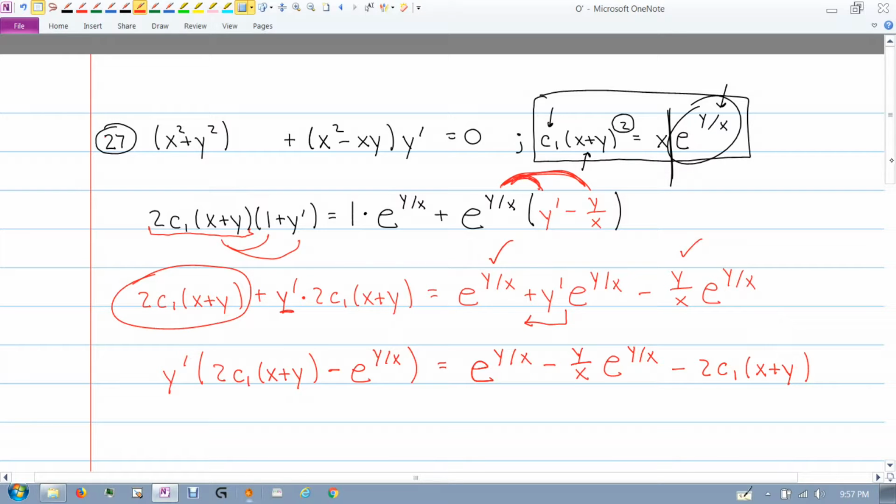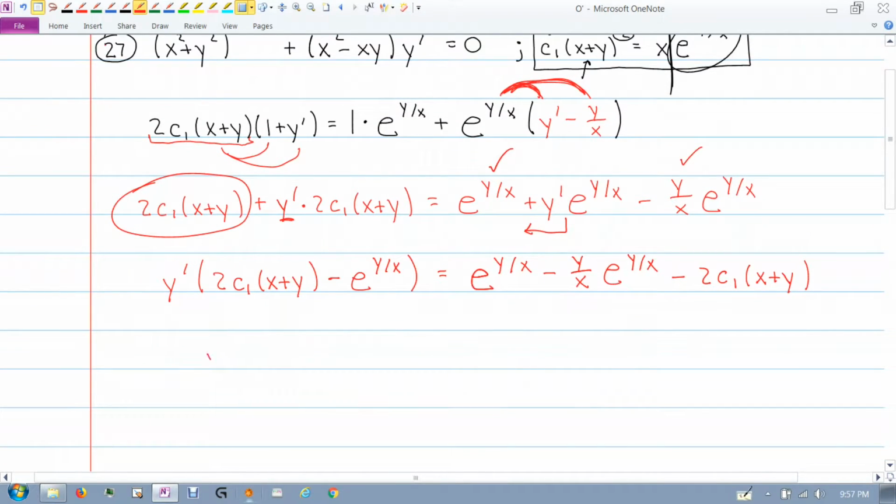Okay. Final step to get y prime is to divide both sides by this piece right here.